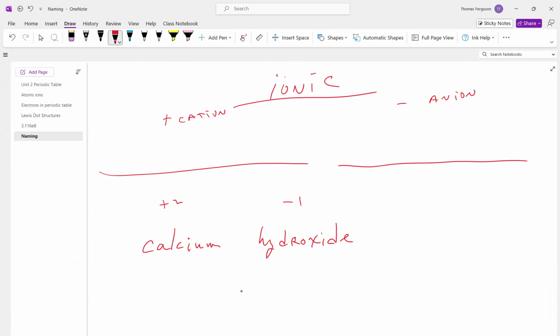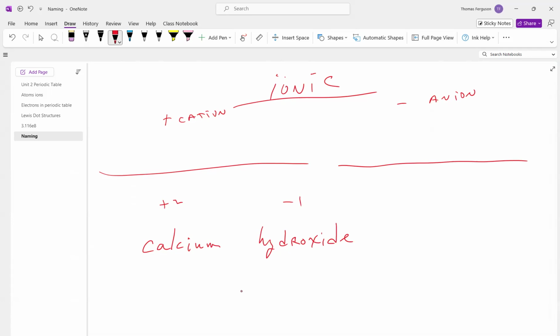So what's the net charge the way I wrote those? Yeah, it's not 0, is it? Okay, the net charge has to be 0. So how many -1s do we need to balance that +2? One more, right? We need -2, +2. Hydroxide by itself is a -1 charge. So that's why we need 2 of the hydroxides.